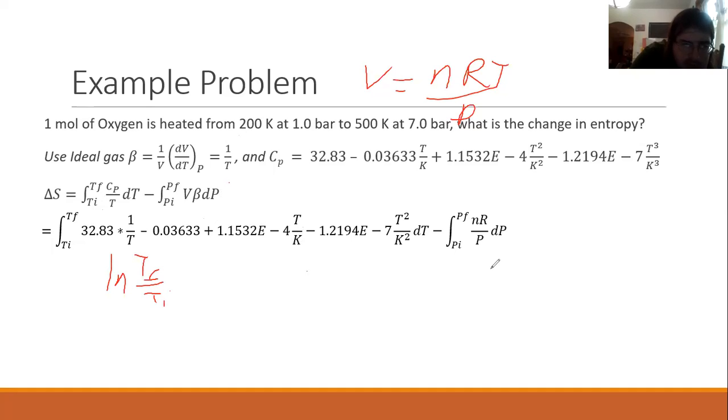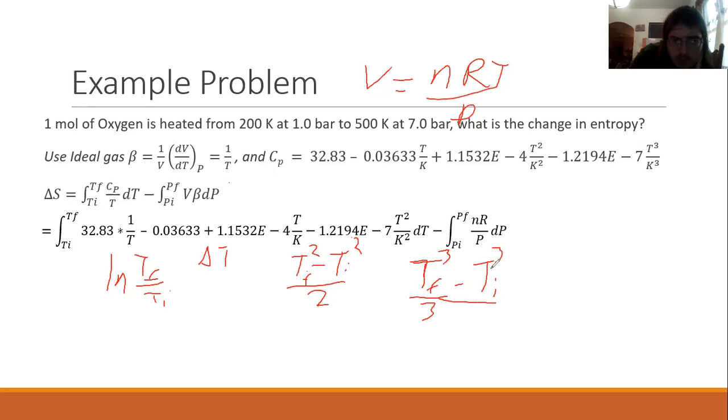The second number is going to be just delta T. The third number is going to be T squared, and the fourth T cubed. To make the pressure term in terms of beta, V over T is equal to NR over P. That's just going to be NR ln Pf over Pi.